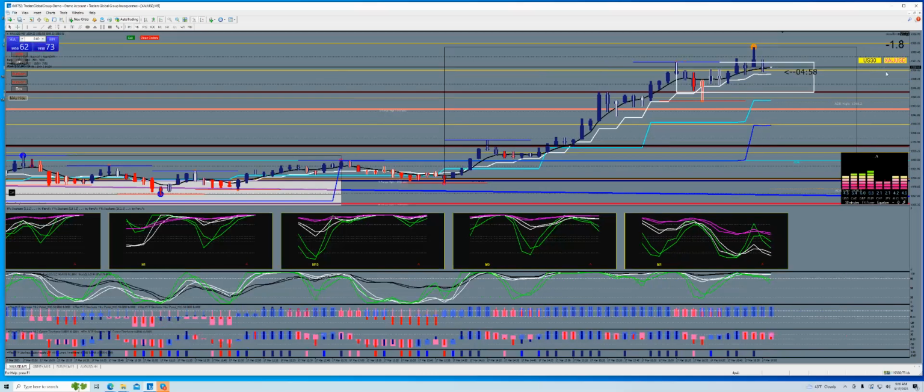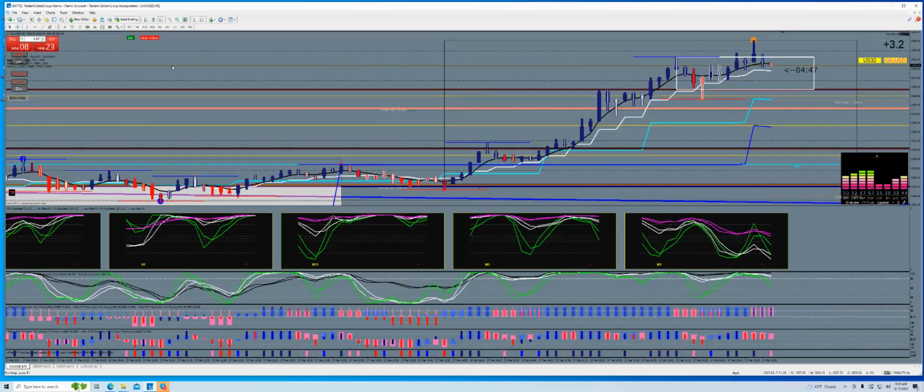Let's try that. 1 minute. 5 minutes starting to play ball. Got a continuation trade on the 1 minute. Let's see how far this will get us.